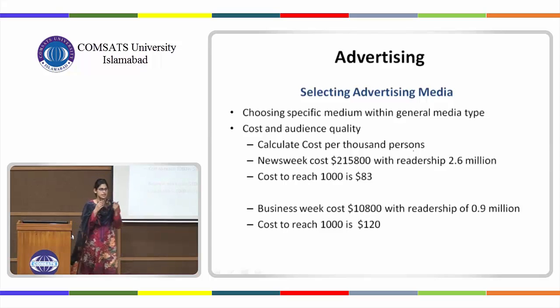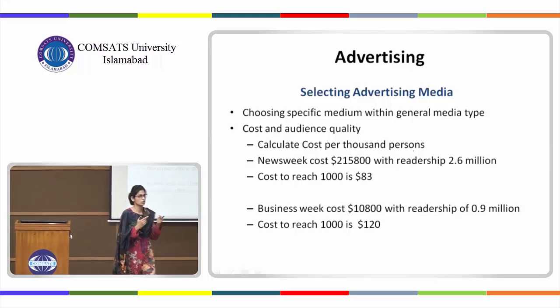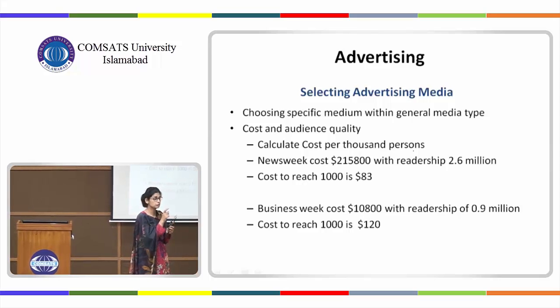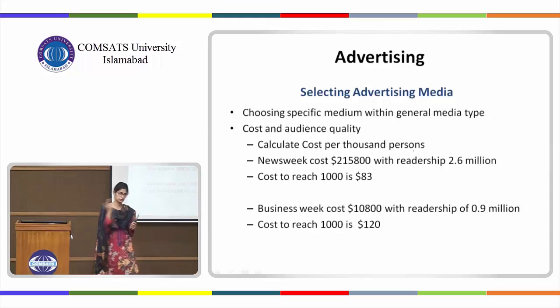If you're trying to advertise a Rolex watch in Akhbar-e-Jahan, obviously not relevant, because the average consumer who's reading Akhbar-e-Jahan cannot afford a Rolex, generally, right? So the people who read that genre of magazine would never be attracted to your product. But those who read Economist or Business Week might be able to buy your product if it's a very high-end product.